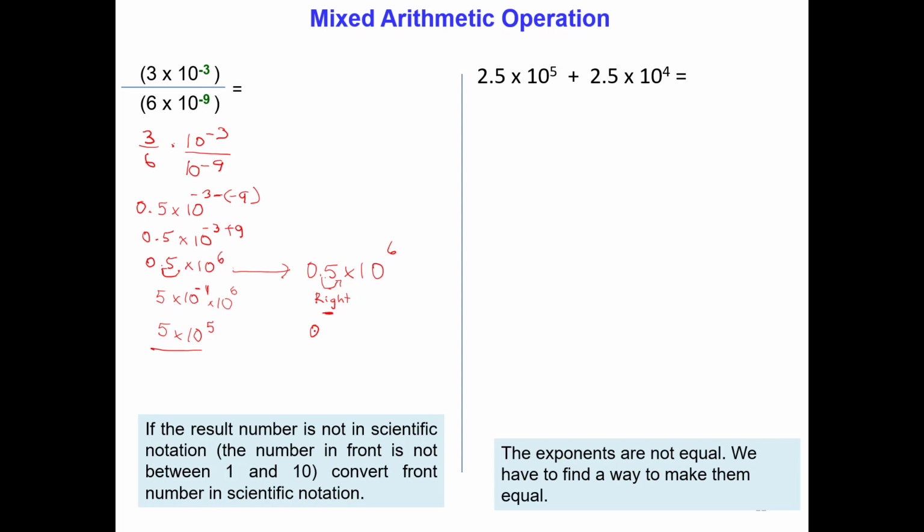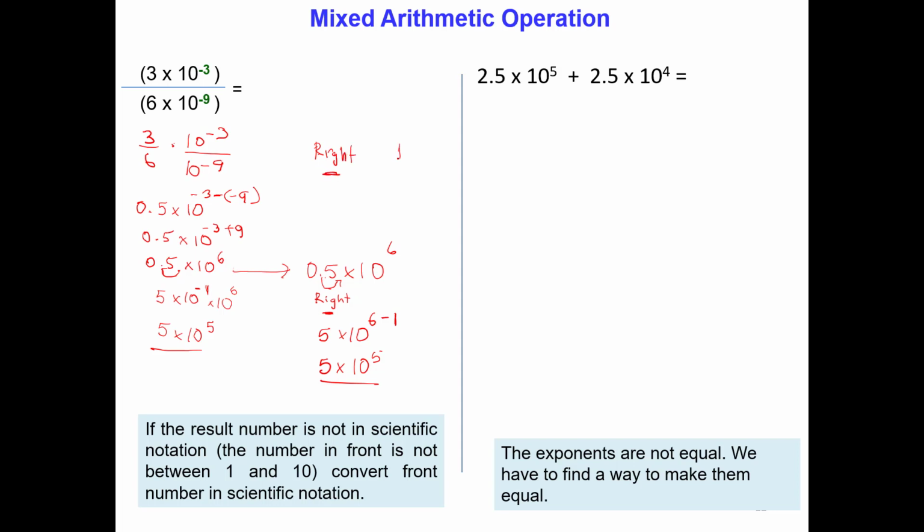Then if we write this one in scientific notation, it will be 5 times 10 to the power 6. Because you move to the right, you need to subtract 1. Why 1? Because we moved one place. Then the final answer will be 6 minus 1, which is 5. In this kind of problem, if you move to the right, you need to subtract.